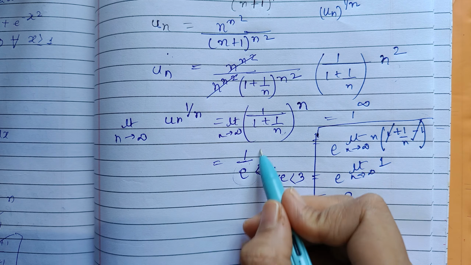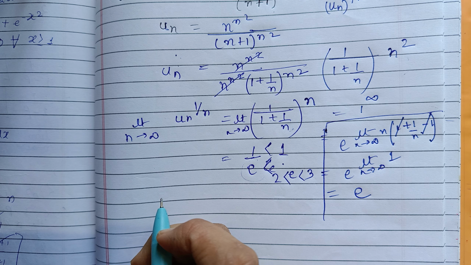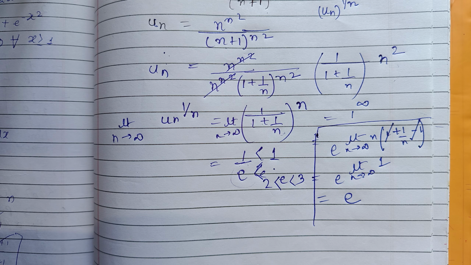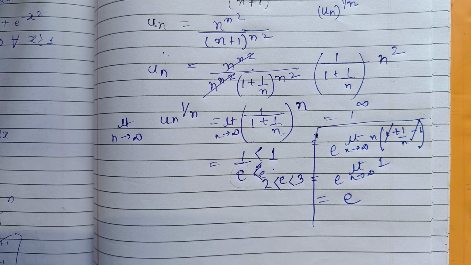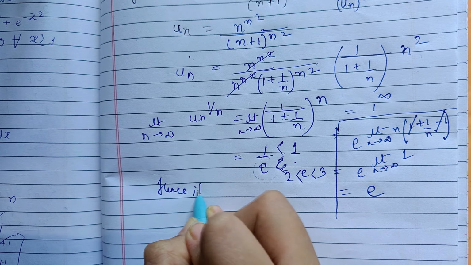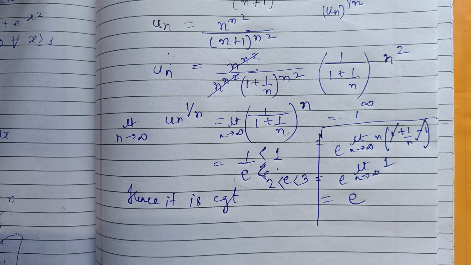So this 1 upon e is less than 1. So from Cauchy's root test, I can say that this series is convergent. All right, hence it is convergent.